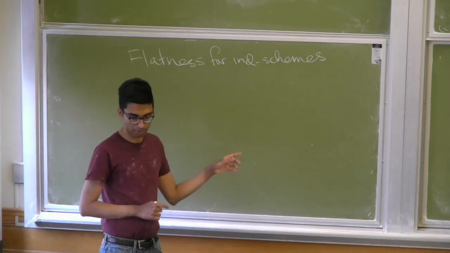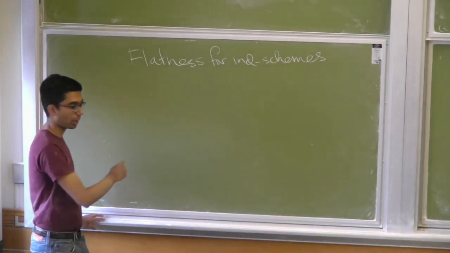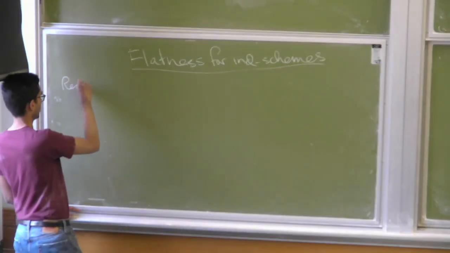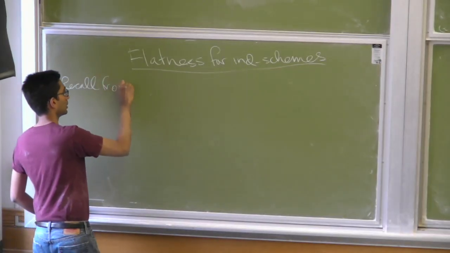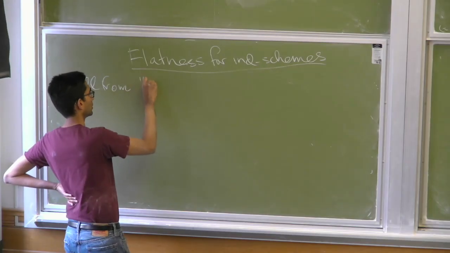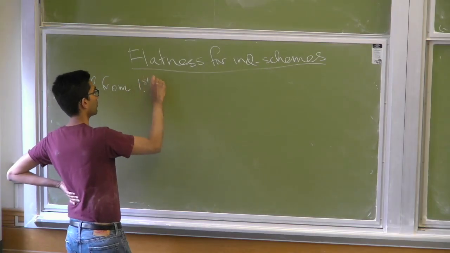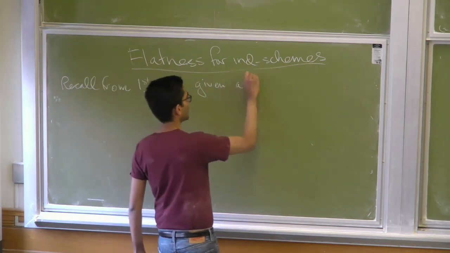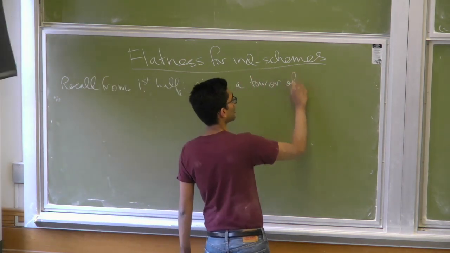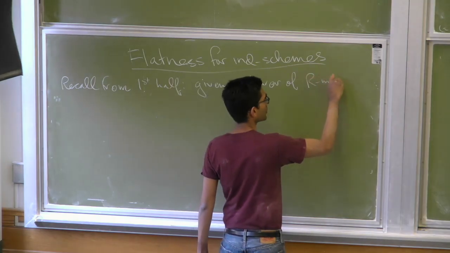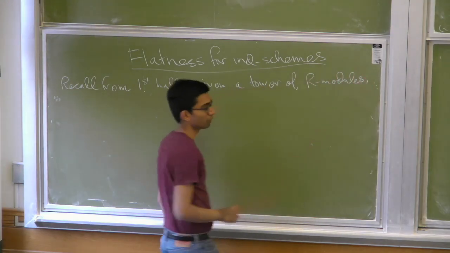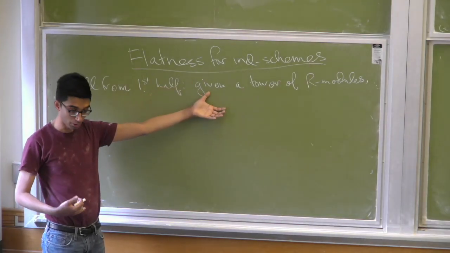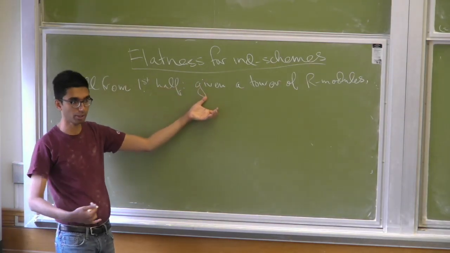Okay, so maybe just for motivation, recall from the first half, from the previous talk, we had this condition. Given a tower of R-modules, we might want to know when it's pro-equivalent to a tower of finite free modules.